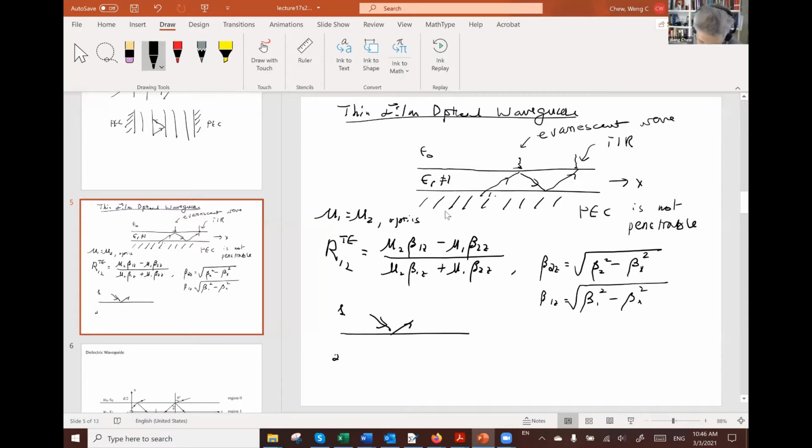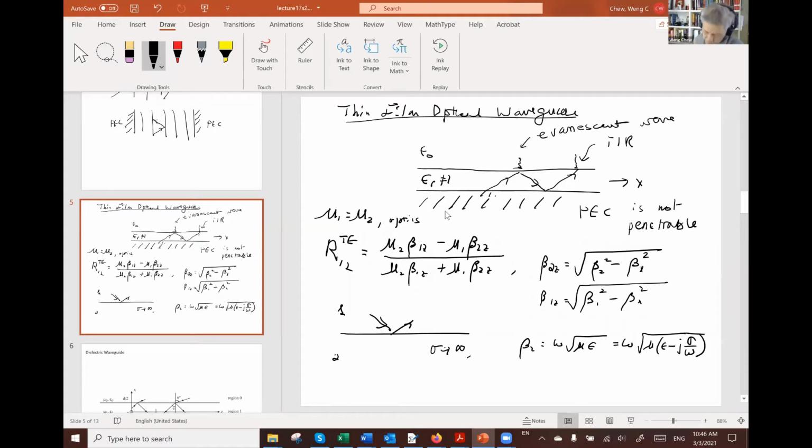You can see that when I have this thing be made of metal, beta 2 is omega square root of mu epsilon, and epsilon for a conductive medium is epsilon minus j sigma over omega.